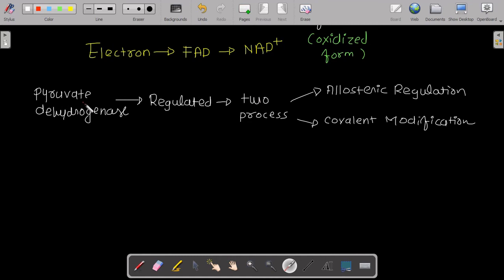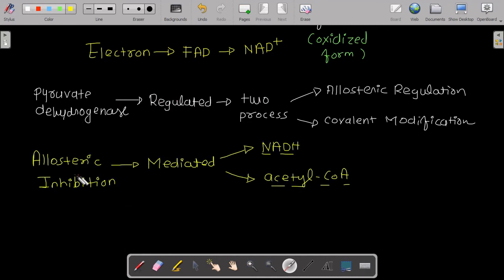Now this pyruvate dehydrogenase complex is regulated by two processes, that is allosteric regulation and covalent modification. Okay, these two processes regulate pyruvate dehydrogenase. Now the allosteric inhibition is mediated by NADH and acetyl coenzyme A. Okay, these two substrates mediate the allosteric inhibition of pyruvate dehydrogenase.